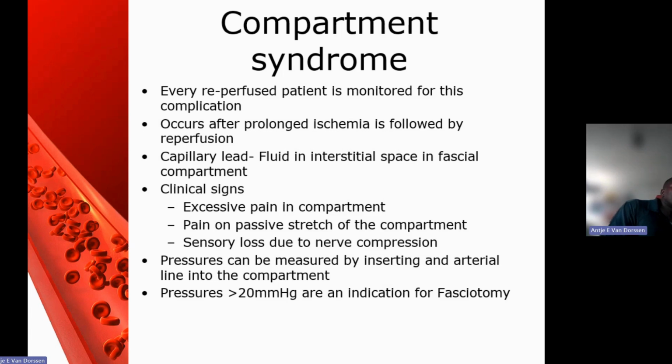They say that the pressures can be measured by inserting an arterial line into the compartment. You take the needle and pop it in, making sure you're in the right compartment. Because if you think about it, it makes sense. The guidelines say pressures of more than 20 millimeters of mercury are an indication for fasciotomy.